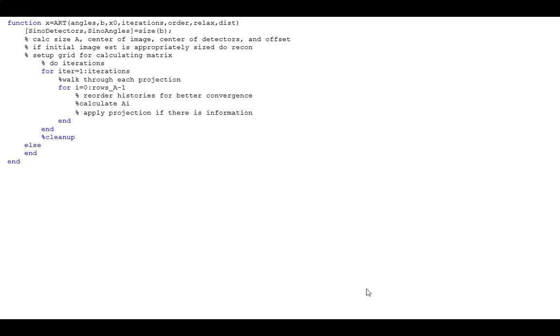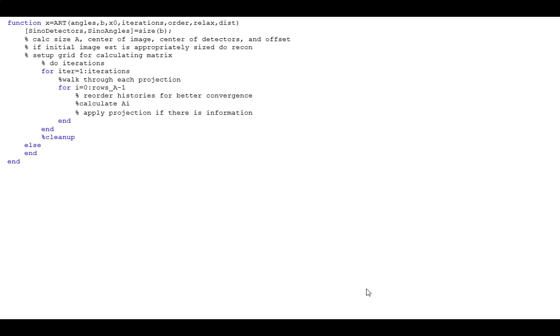So we've got the basic function here, function through end. Let me mention what the parameters are inside here. Angles, that's our 1 to 180, just like you did when doing filtered back projection. We're calling B our sinogram. At the moment, I'm not even assuming you reordered it. We're actually going to reshape it inside here.